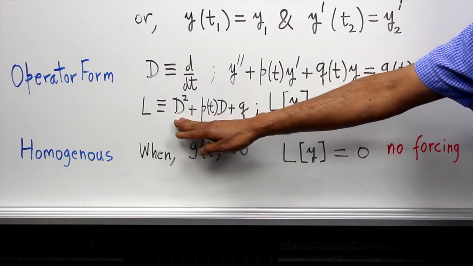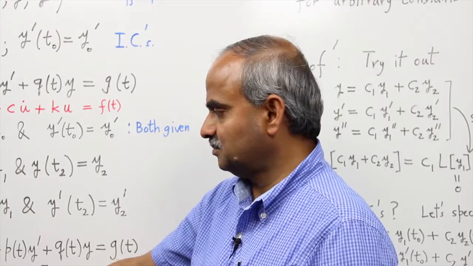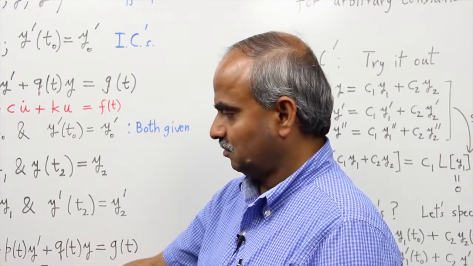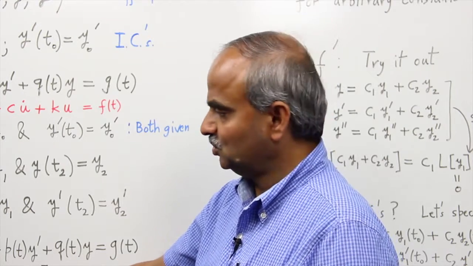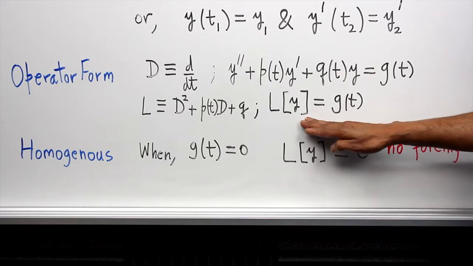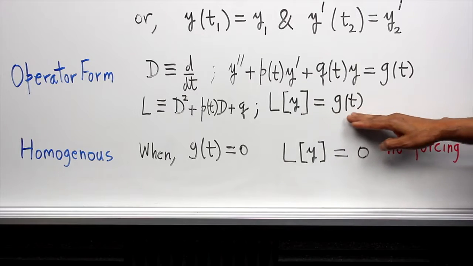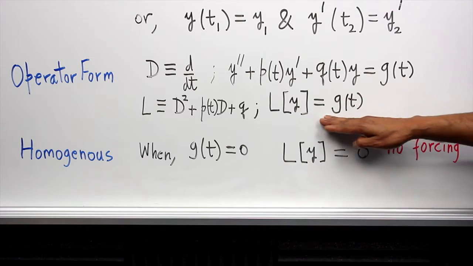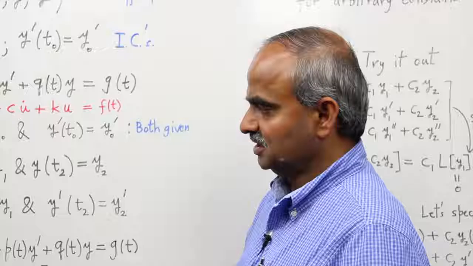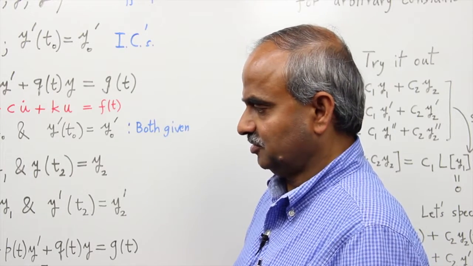So L involves the second derivative operator D applied twice plus p times the first derivative operator D plus this arbitrary function q. That describes the operator L, which is in general a second order linear operator. That operating on y being forced by the right hand side g of t, which is a known function, describes the same second order equation, just written in a slightly different form.